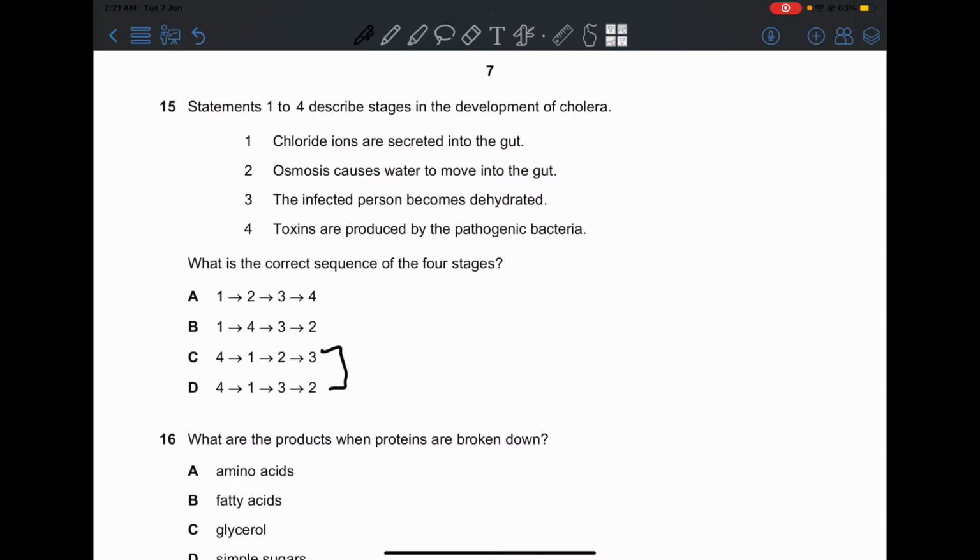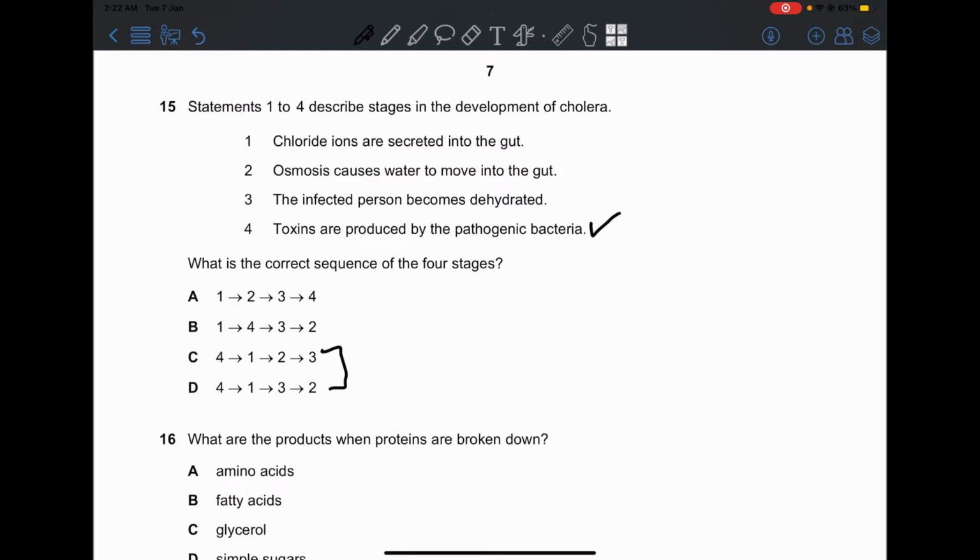They're saying in C that 2, osmosis causes water to move into the gut. Now, we know that when there are many chloride ions, the water potential in the gut will decrease because there are many ions there. So this is correct actually, a correct sequence.